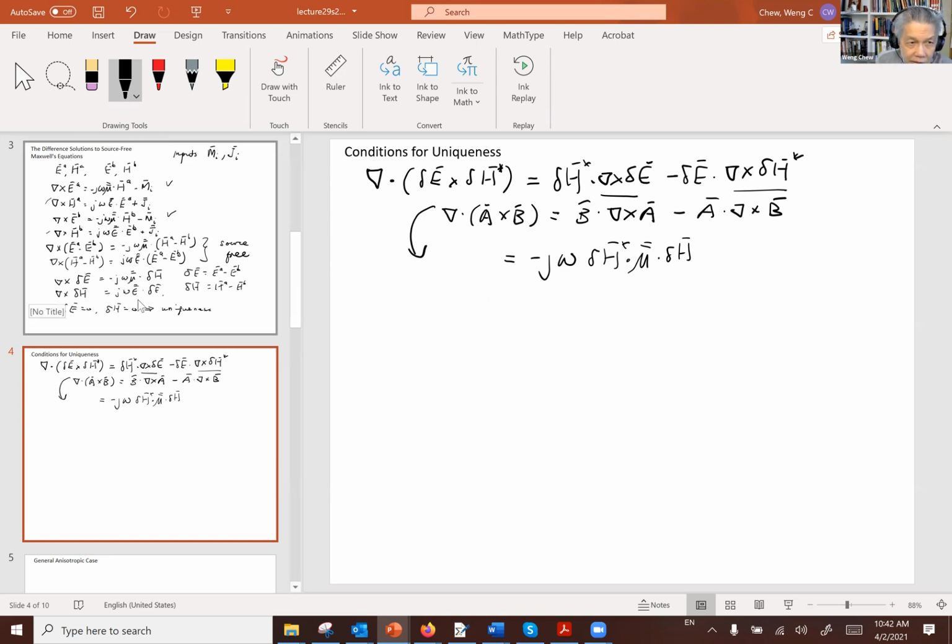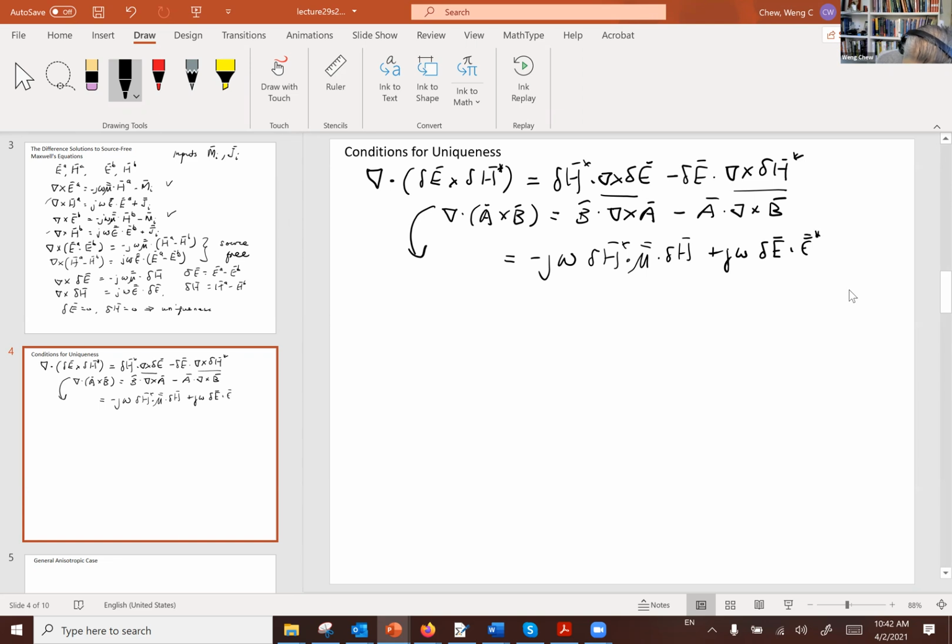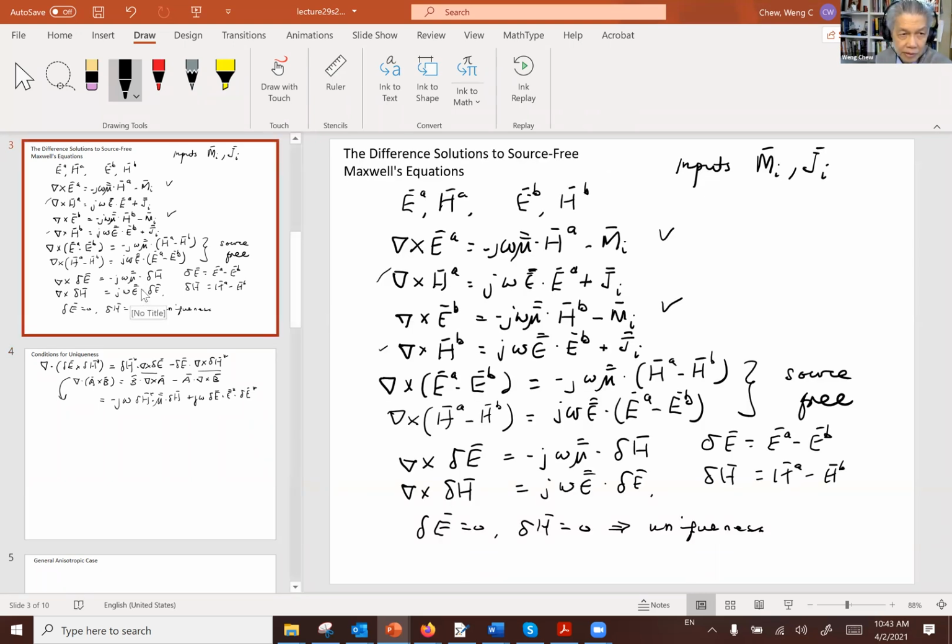The second term, I will use the complex conjugation of this equation because this is a delta H conjugate. And if you do that properly, then you would have j omega delta E minus epsilon star dot delta E star. Okay, because when you take the complex conjugate of this equation, this becomes complex conjugated. This becomes minus.